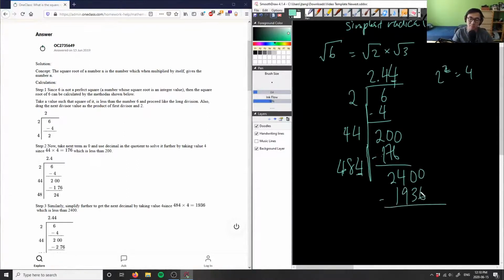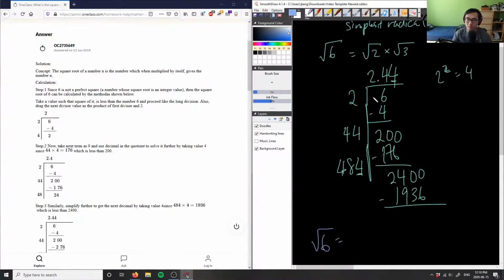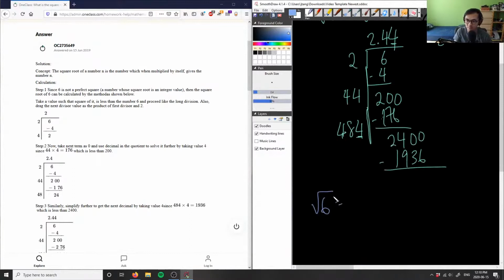Again, we can keep doing this process over and over to find the other decimal digits, but we usually stop at 2 here. So what we can verify is that root 6 is approximately plus or minus 2.44.